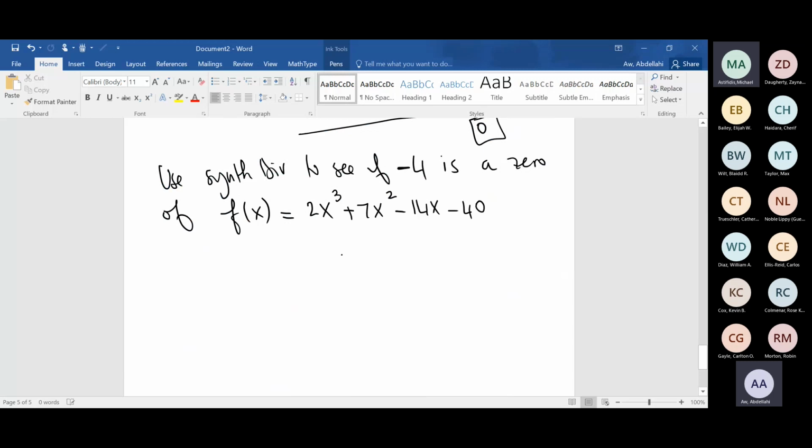Right, go ahead. Use synthetic division to see if negative 4 is a 0 of that polynomial. Go ahead and tell me yes or no in a couple of minutes. It should go quickly, unless the numbers are crazy, like in one of our examples. Otherwise, synthetic division goes rather quickly. All right, a couple of minutes.